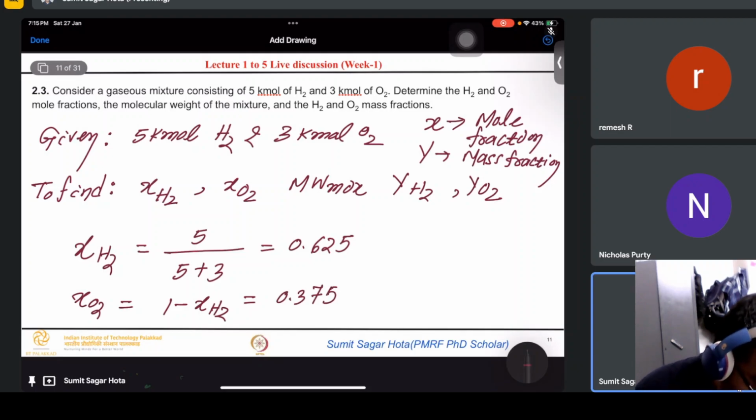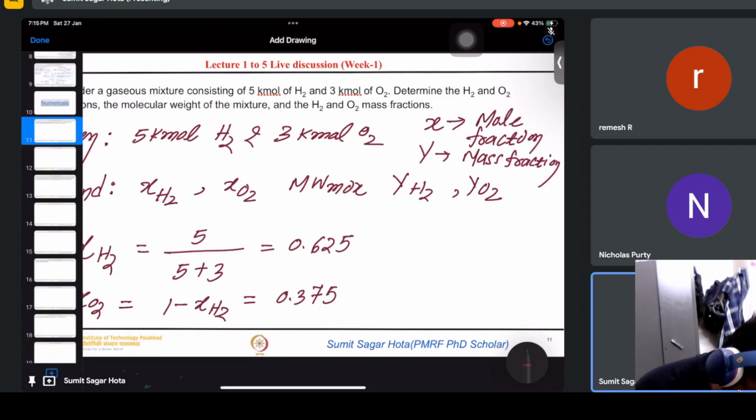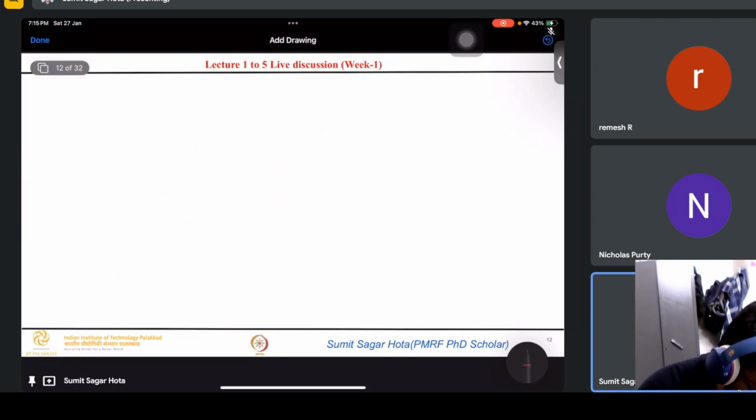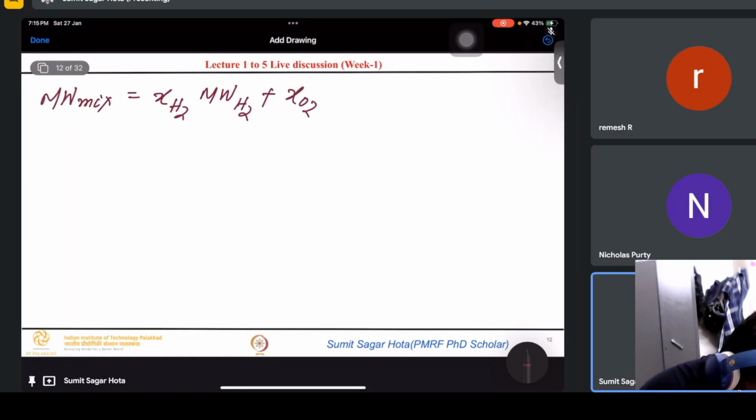Okay, so now we have the oxygen and hydrogen mole fractions, and we can find the molecular weight of the mixture. Molecular weight of the mixture is equal to x of H2 into molecular weight of H2 plus x of O2 into molecular weight of O2.